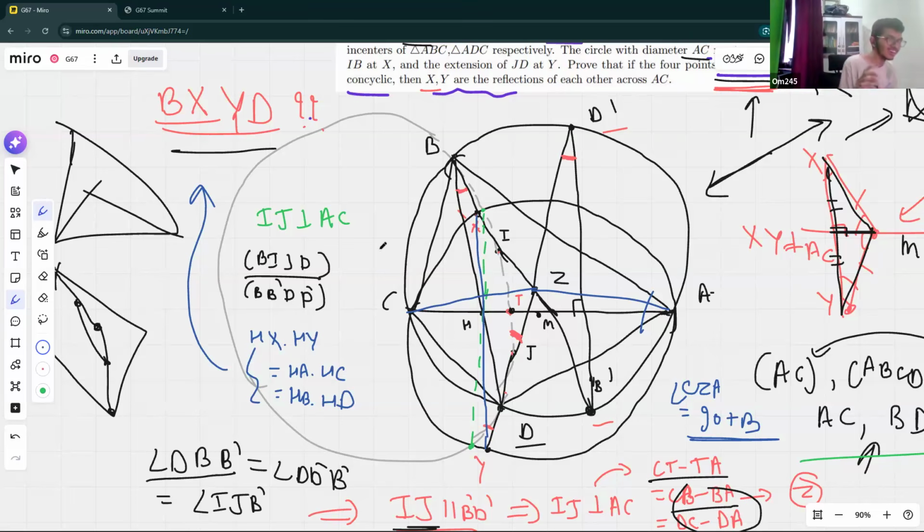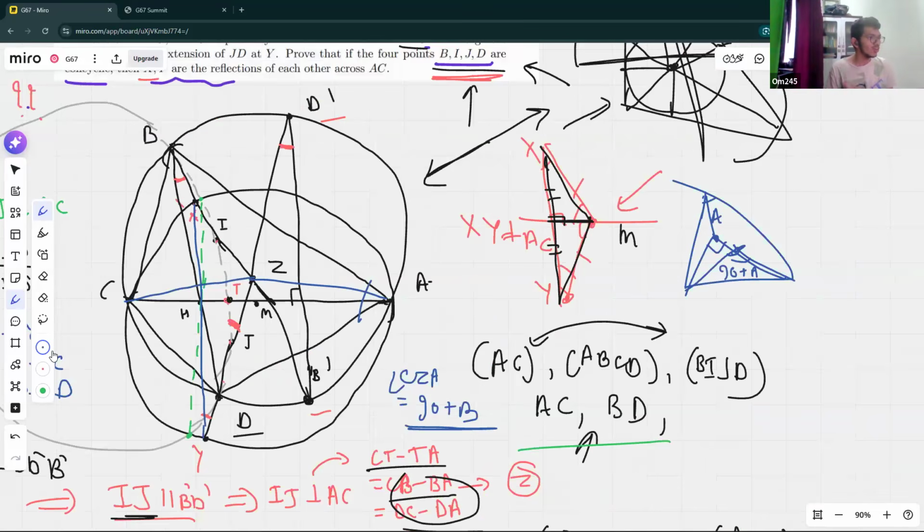Yeah, actually it's totally different from this group, other than the first claim. So first you have to note that X and Z are isogonal conjugates in triangle BCA.